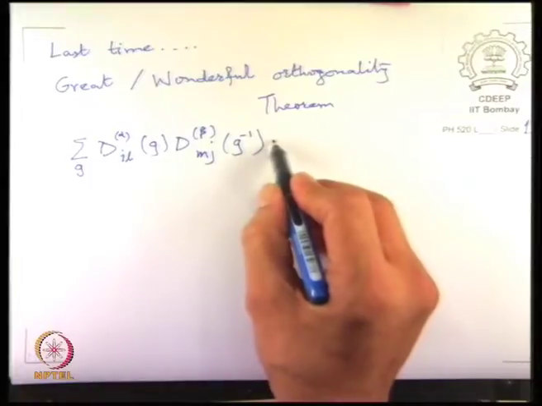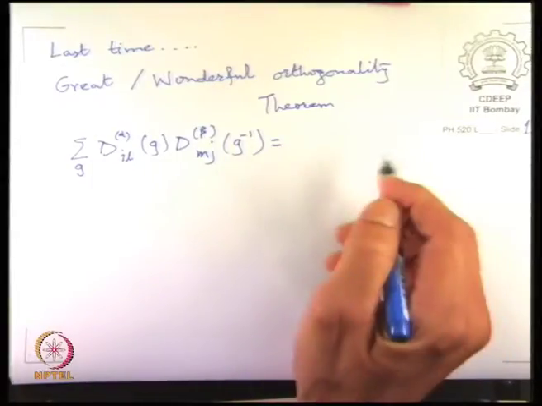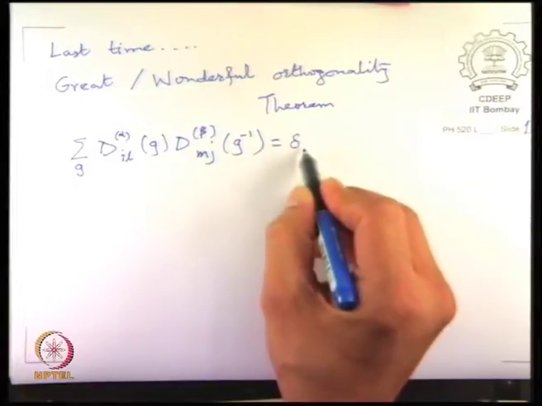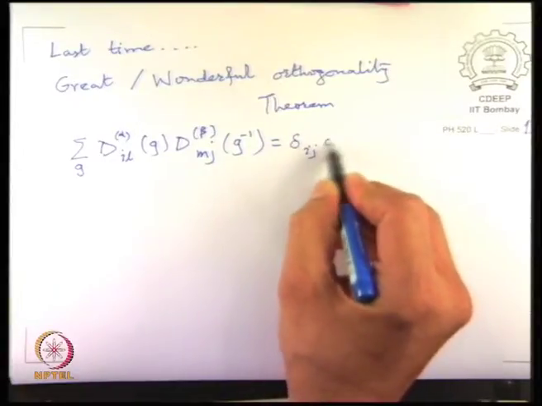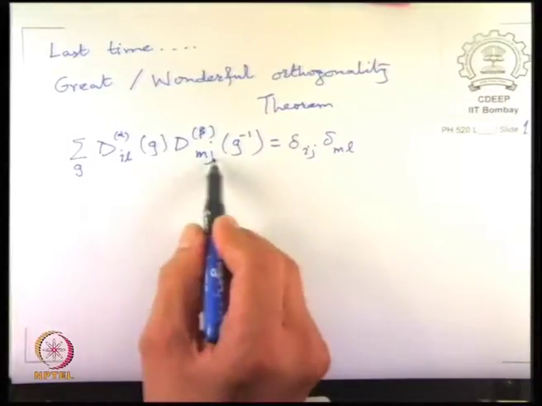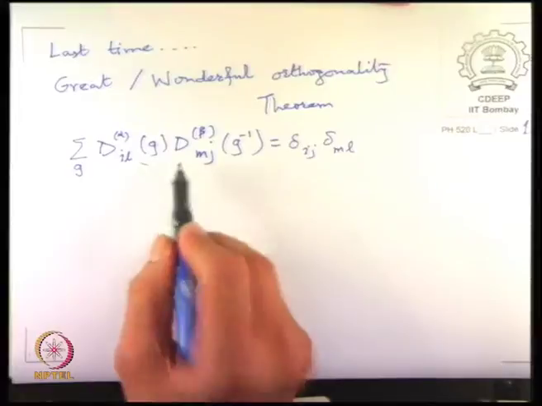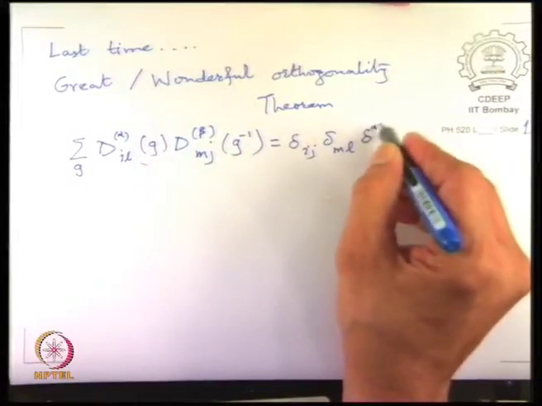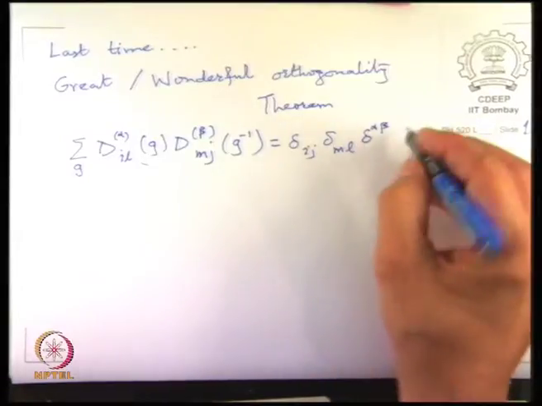This sum over all the elements of G gives delta_{Ij} delta_{ML}. So I has to match J, M has to match L, and the representation has to be the same actually. So this is for irreducible representations.